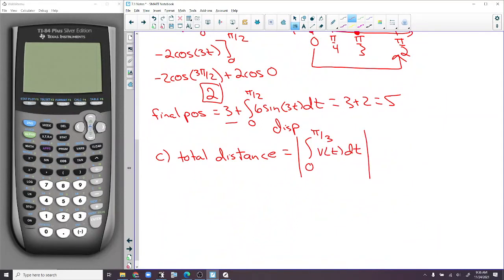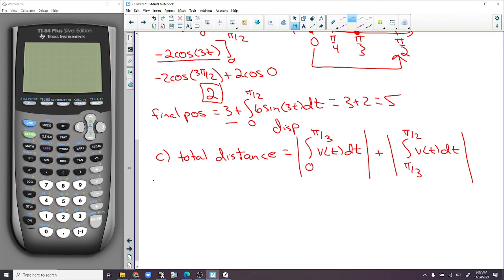And we're going to take the absolute value in case that distance is negative. I want everything to be positive now. Plus the absolute value of the integral from pi over 3 to pi over 2 of v of t dt. So there's the total distance walked, or traveled. I don't know if the particle's walking. But we've done the work for this. We've done the antiderivative. The antiderivative is sitting right here.